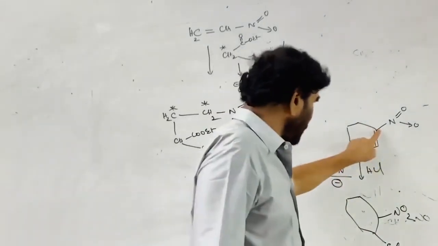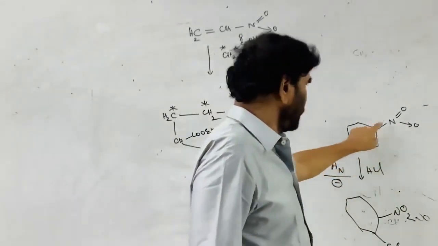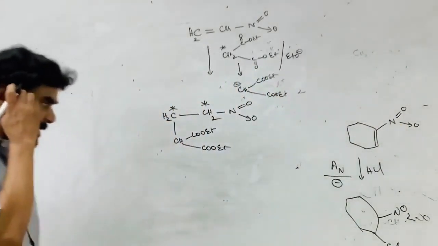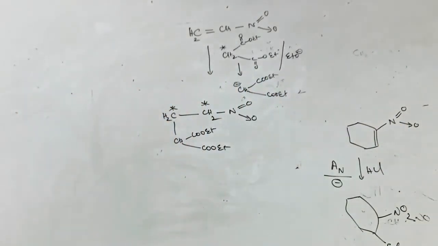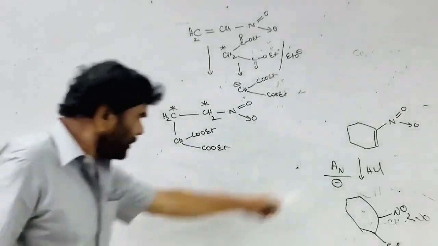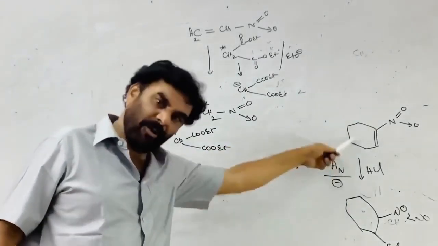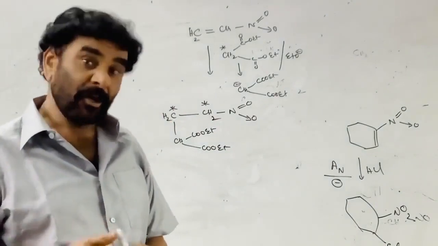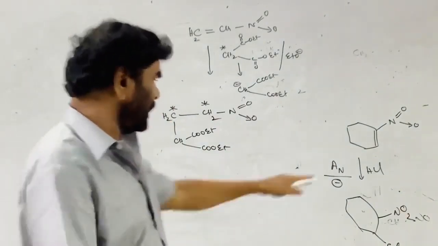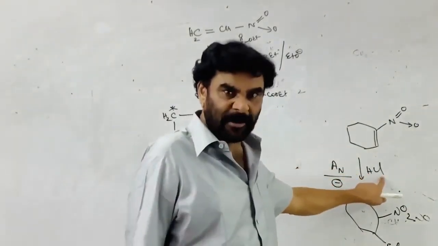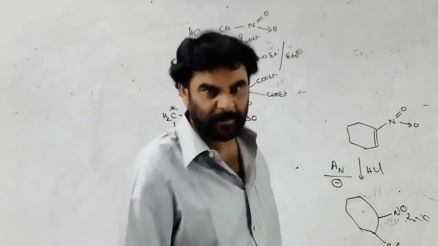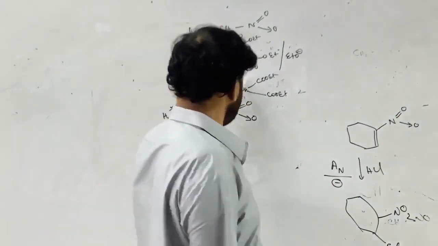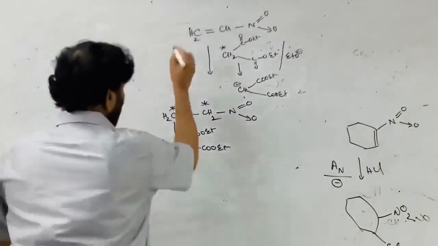Cl minus attacks here, the carbanion forms here, stabilized by this group. Then H plus comes and completes the system. So this is not a Michael addition. It is nucleophilic addition on the carbon-carbon double bond, but it is not the Michael addition. To call it a Michael addition, the nucleophile should not be chloride ion or OH ion. It should be a carbanion, carbon with a negative charge. Grignard reagents are examples of this.